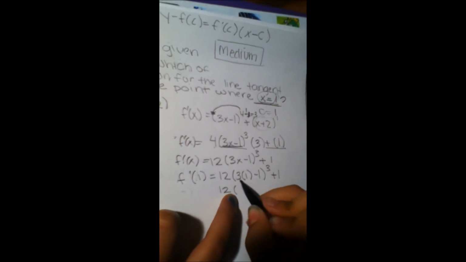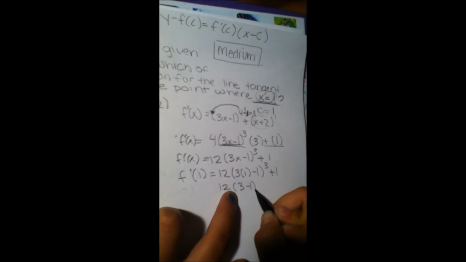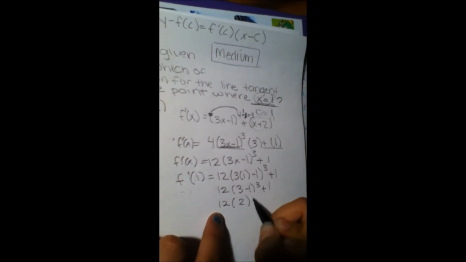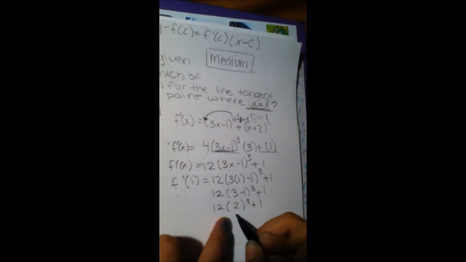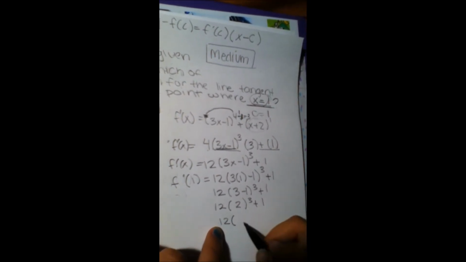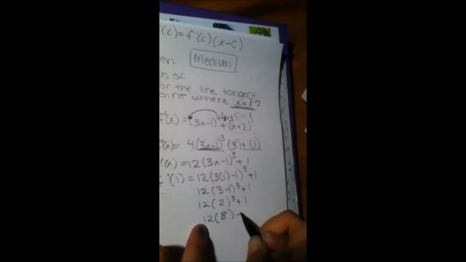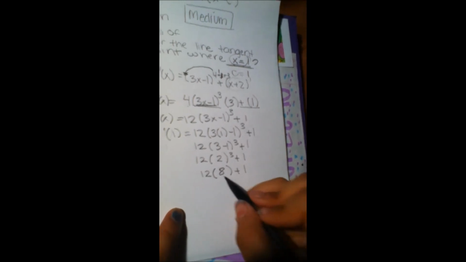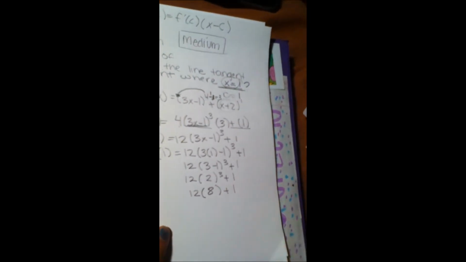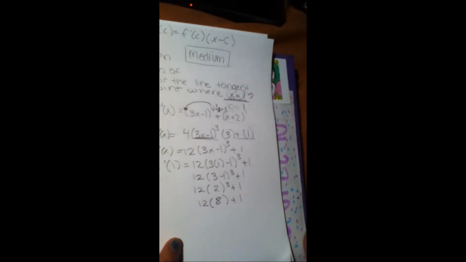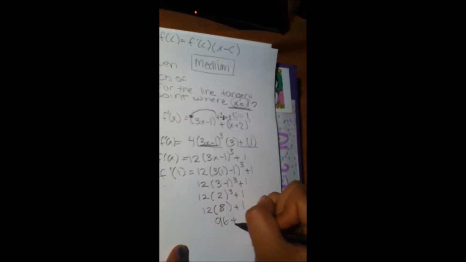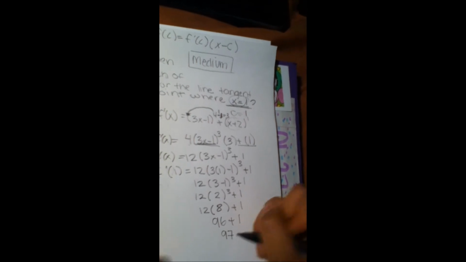Solve inside: 3 minus 1 is 2. 2 cubed is 8. Twelve times 8 equals 96, plus 1 equals 97.